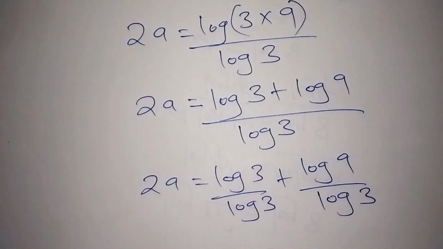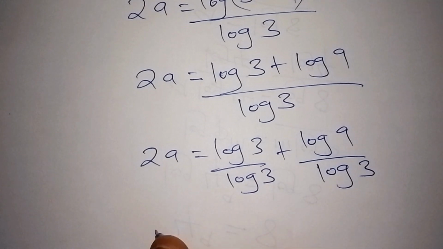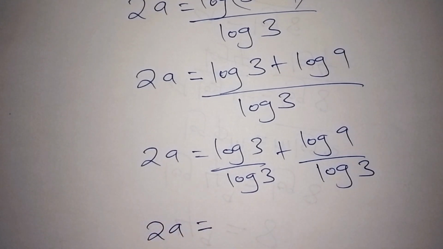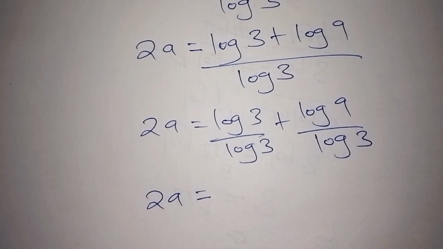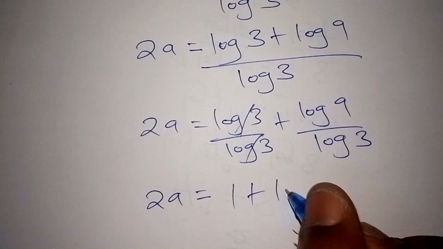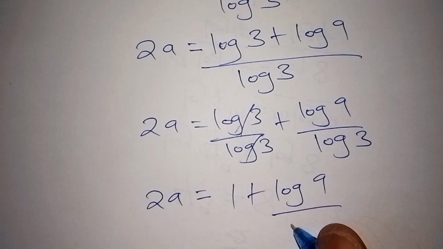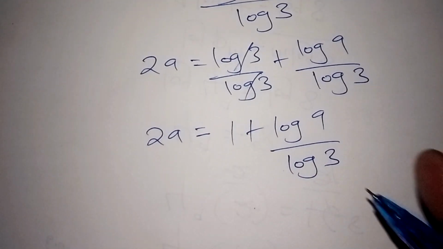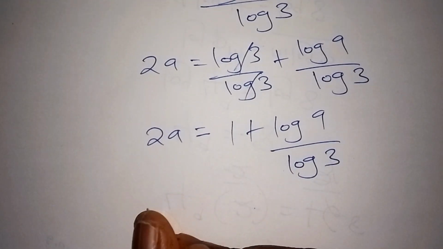When we work out the log of 3 divided by the log of 3, we have 1, plus the log of 9 all over the log of 3. We can still go ahead and factorize the log of 9 all over the log of 3.